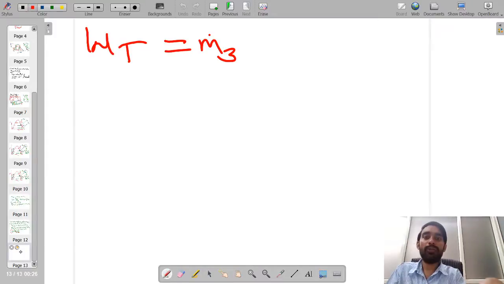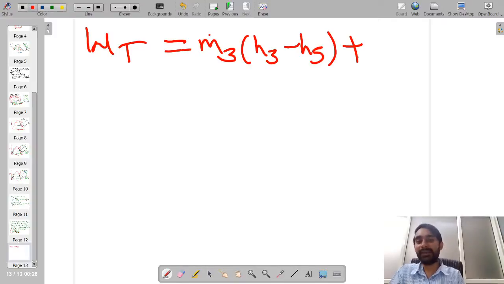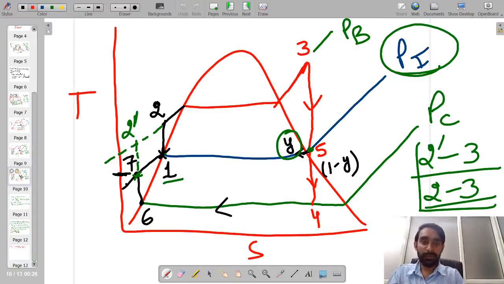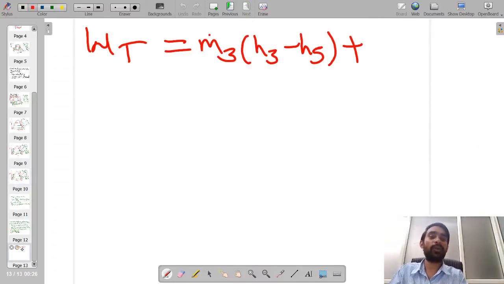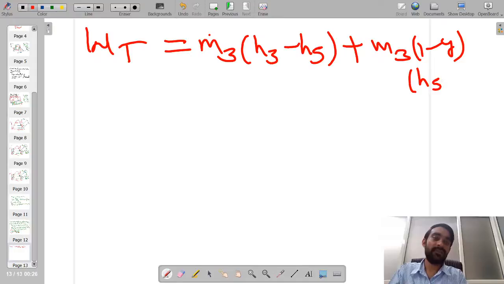So it will be m dot 3 into H3 minus H5. After that, during the stage 5 to 4 of expansion, we have only a 1 minus y fraction of the mass. So we write m3 into 1 minus y multiplied by H5 minus H4 as our net turbine work.